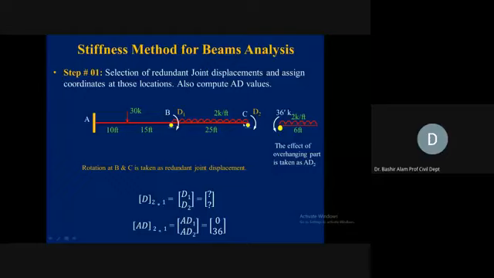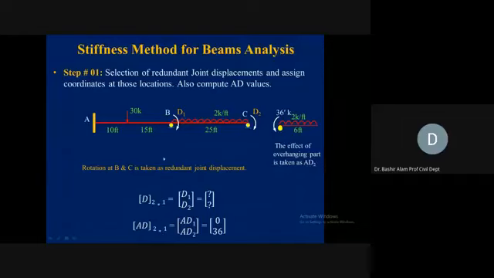Now you see here, this is your standard 2 degrees indeterminate problem. Rotation at B, which is D1 in the clockwise direction, we designate as unknown. And then at C, which is D2 in the clockwise direction, this is our unknown joint displacement. So rotation at B and C are taken as redundant joint displacements, D1 and D2 unknowns.